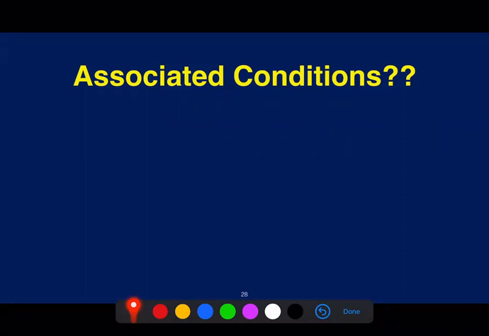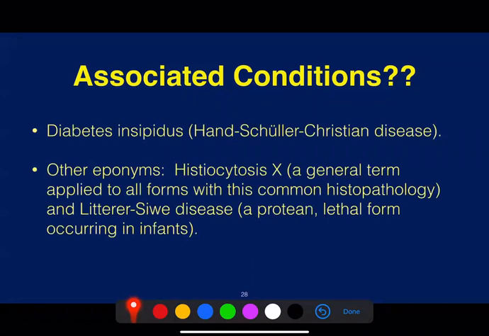They are now grouped as one disease, which is granuloma of bone. Which program are you in? KSU. Okay, good. So mainly it's diabetes insipidus.